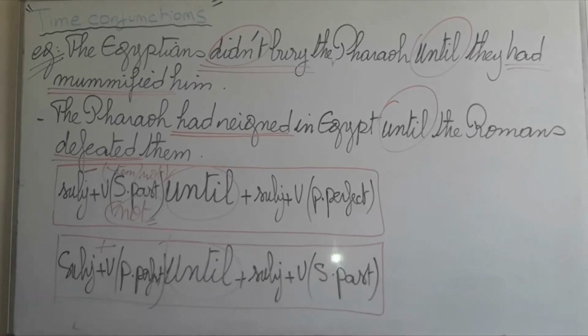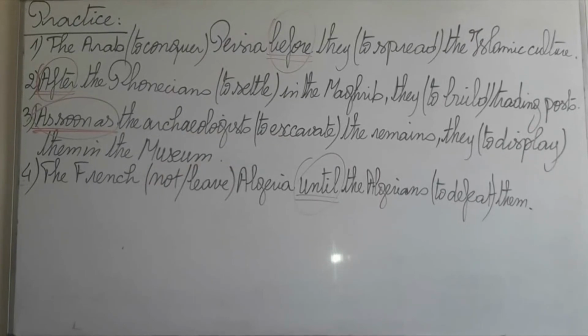So we are going to see together a small task. We are going to practice together in order to make things clearer, inshallah. So let's practice together. Sentence number 1. The Arab to conquer Persia before they to spread the Islamic culture.